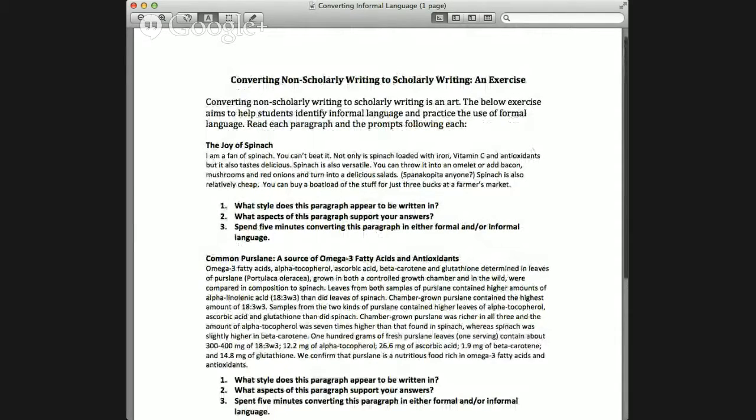So now, as you could probably guess, we're going to take a second to convert this into more formal language. The goal of this is to take maybe 5 to 10 minutes and see if you can rewrite this paragraph in a more formal way. Now, I wouldn't pay too much attention to the bottom one.